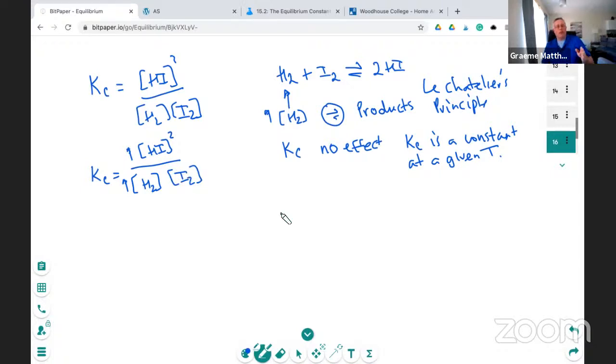But the point is that if you increase the value of H2, the reactants H2 times I2, you shift the equilibrium position over to the right-hand side, and you increase the concentration of HI proportional to the change in H2. Everything readjusts and the value of Kc remains the same.